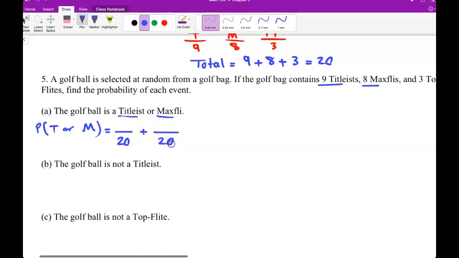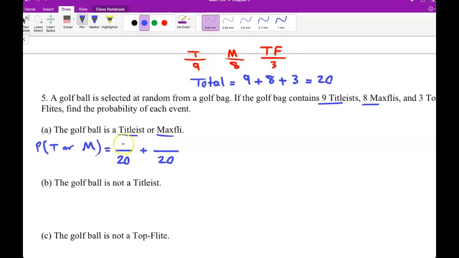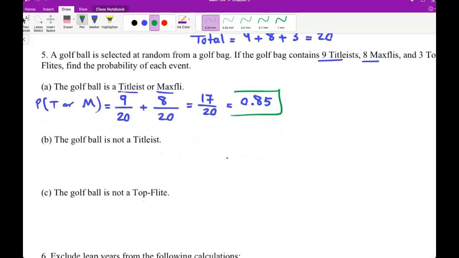Same thing for this one. And T is 9, M is 8. Okay, so here is the answer for part A.